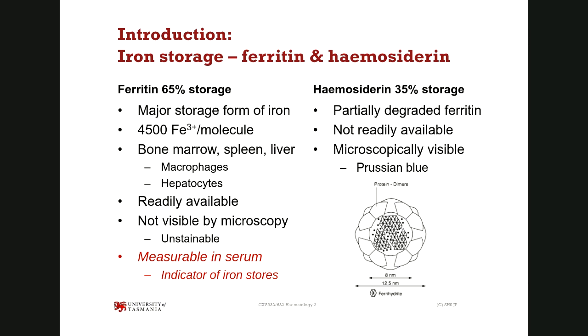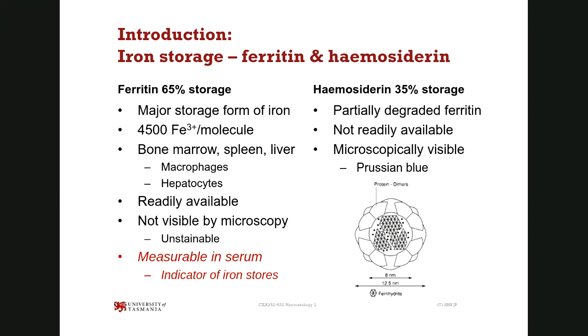So all cells use iron in some form or another, and so they're able to store it so that they have a reserve if supplies of new iron decline. But the cells of the reticuloendothelial system and hepatocytes, and also in the bone marrow, store most.